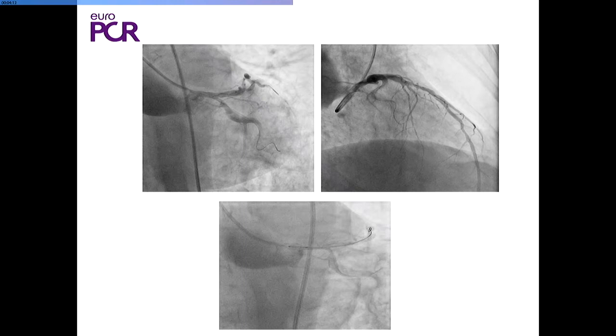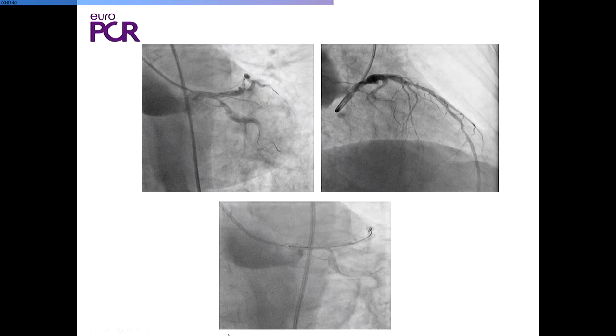This was my first cranial view. In this view, I observed that probably it's the roof of the left main, the site of entry of the dissection. That's easy to explain because this is the site where usually the EBU guiding catheter is hitting, exerting force against the roof of the left main for backup.